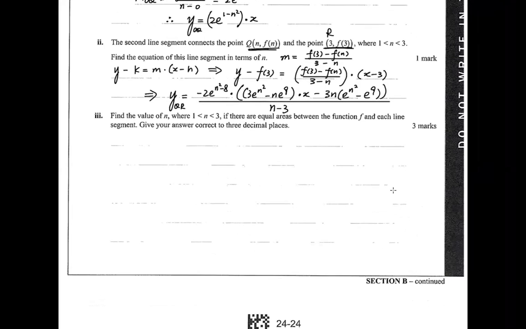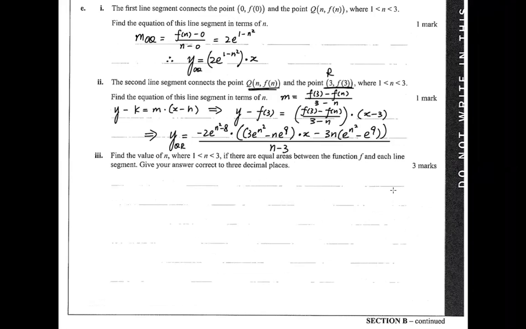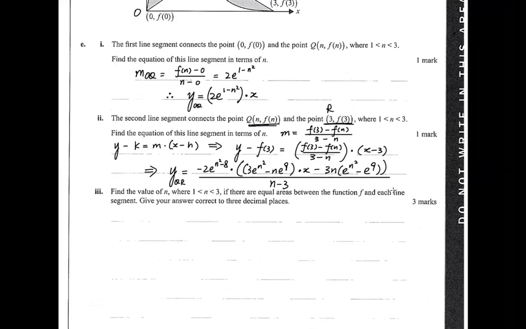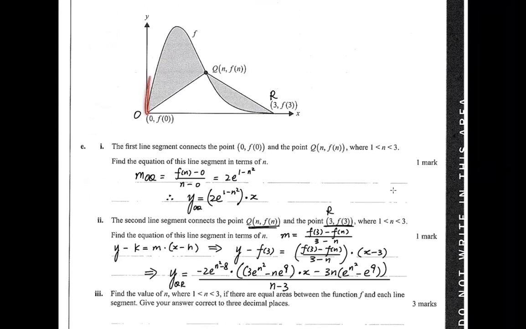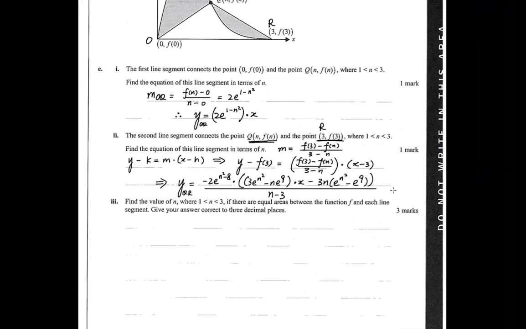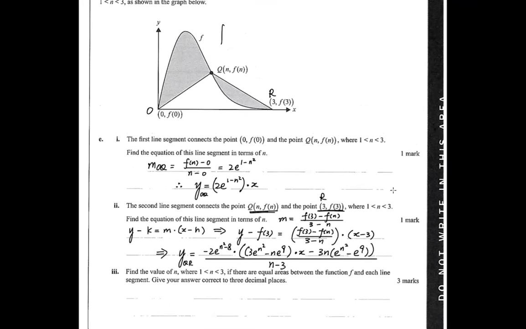The most important part for this question, you can see the way they construct the question, 1, 2, 3. So they really want you to use the equation here and here. You notice there are equal areas. This area equated to that area. Therefore, the first bit is the integral from 0 to n of (f of x minus y OQ of x) dx.